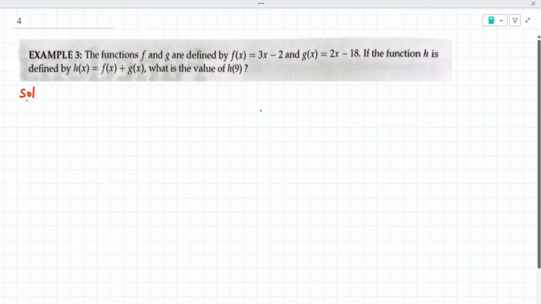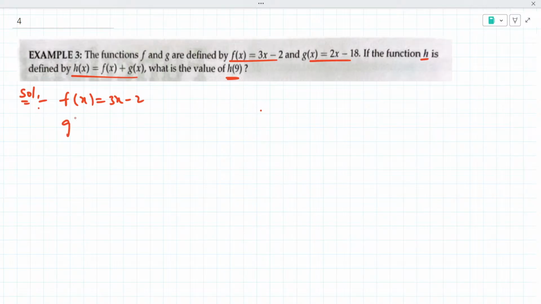Let's solve example 3. They've given f of x and g of x, and the function h is defined by h of x equals f of x plus g of x. What is the value of h of 9? They gave f of x equals 3x minus 2, g of x equals 2x minus 18, and they said here h of x equals f of x plus g of x, and they are asking us to find h of 9.